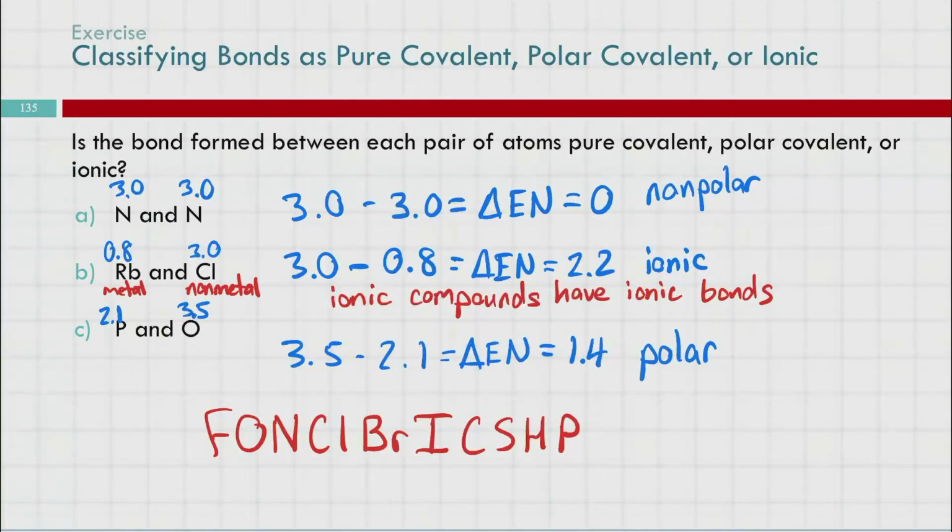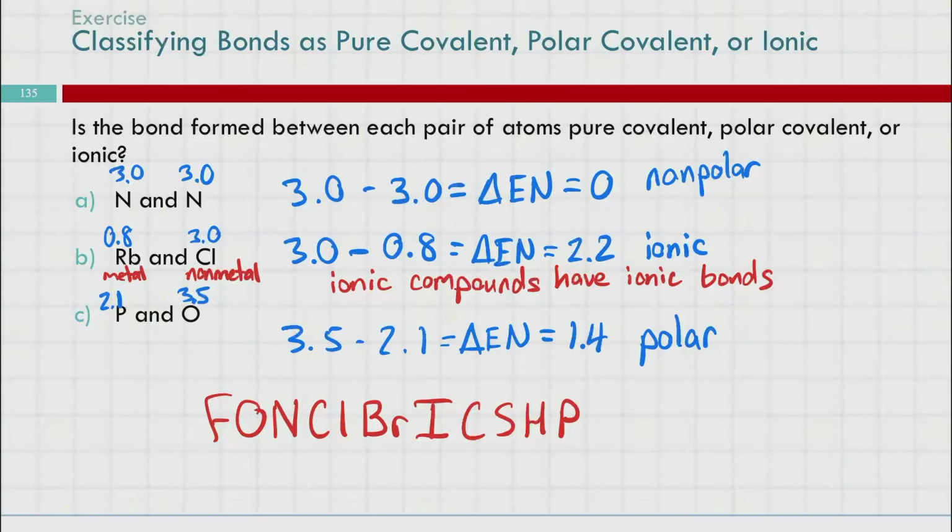So if you're ever in a pinch and somebody's threatening you, maybe with a bad grade, if you don't get your electronegativity order correct for the most electronegative elements, there you go. Fluorine's the goat with a 4, and then it's all downhill from there.